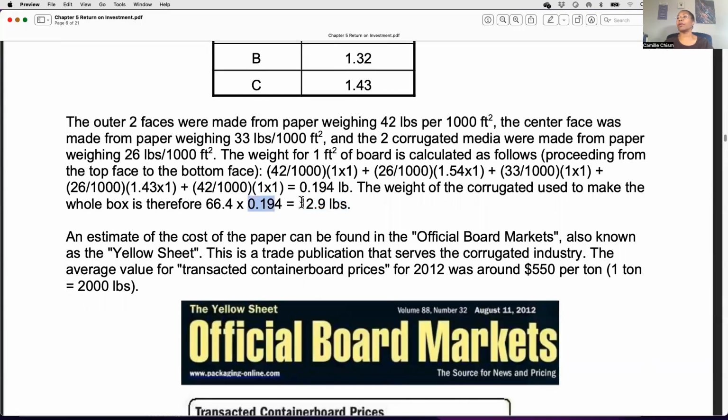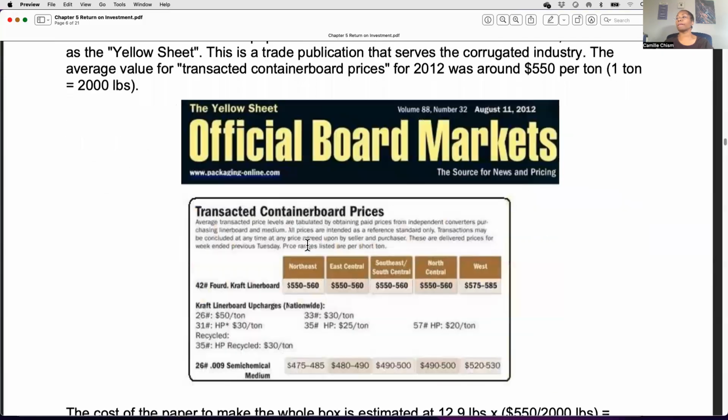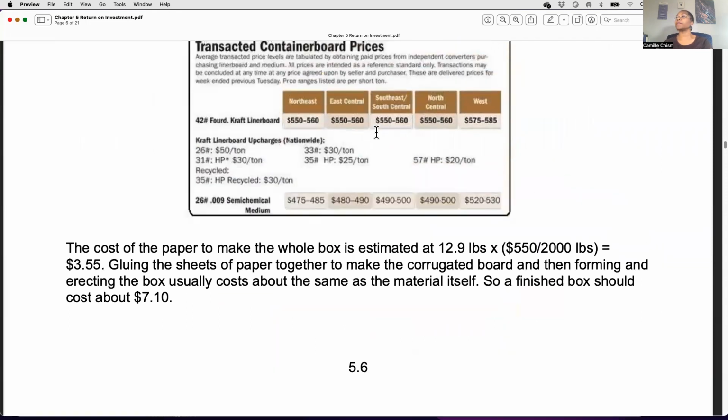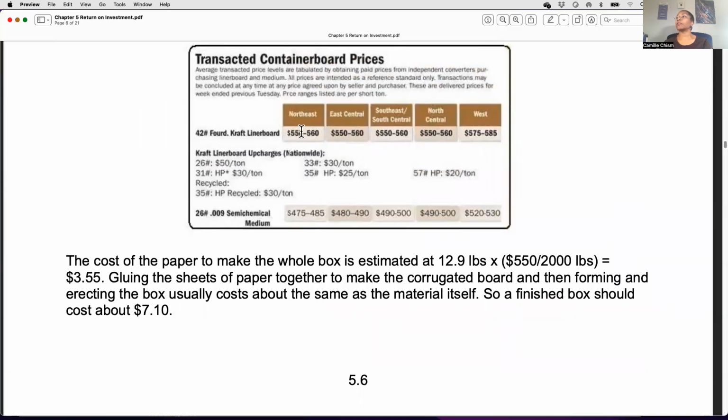So that's where that 12.9 pounds comes in. Now they're taking the 12.9 pounds, multiplying it by $550, and then dividing by 2,000 pounds. Because you can see here this $550 across all three of these. So we're going to assume they're not doing it out west, but that was the price. It was $550. They just picked that one as an average price.